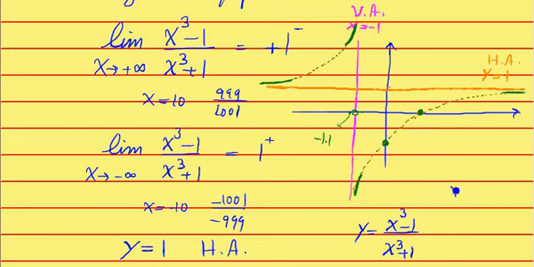Let x be close to your vertical asymptote. Choose numbers on both sides to test. Minus 1.1. Minus 1.1 cubed becomes, you use your calculator, minus 1.331, minus 1. Denominator is minus 1.331 plus 1.